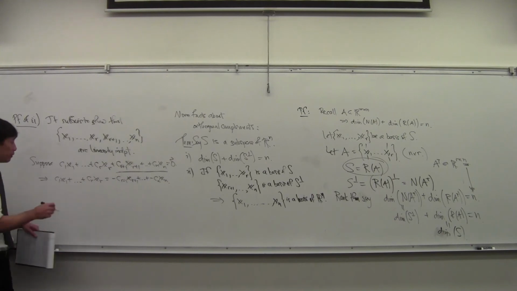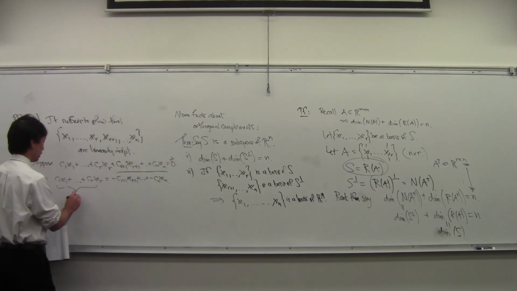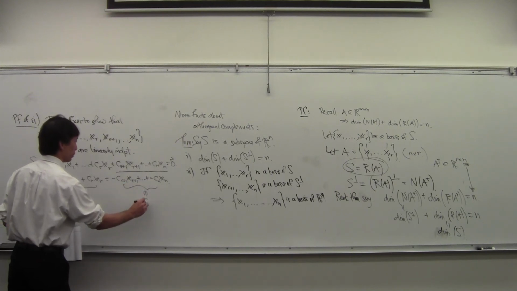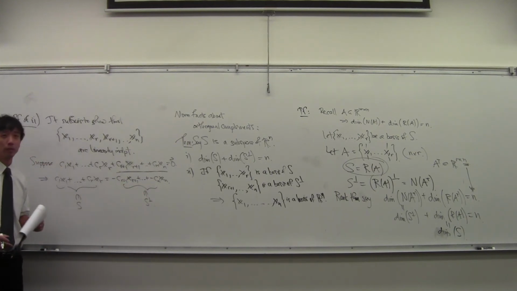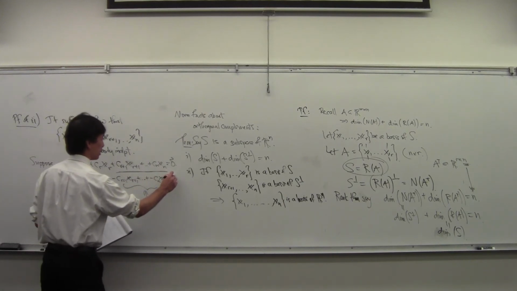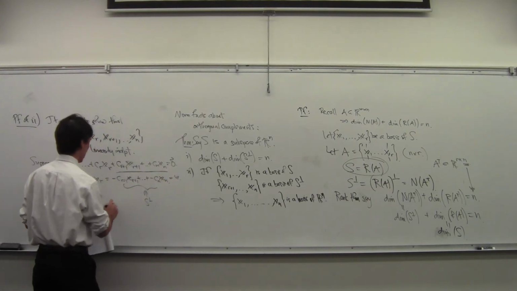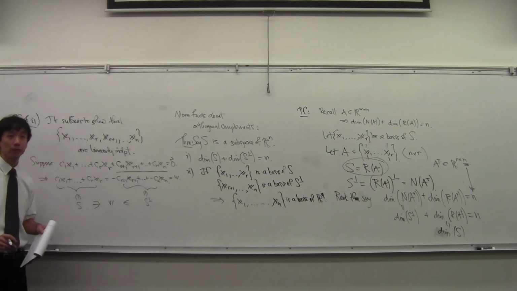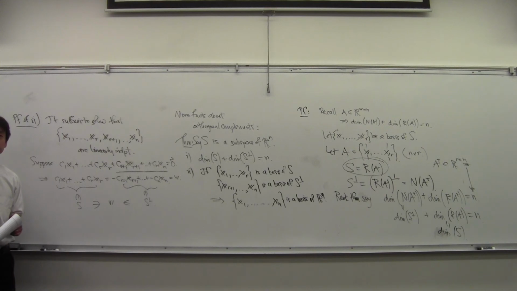Okay, and we say, well, look, this thing here is in S, and this thing here is in S perp. So this thing, we call it v, say. Whatever it is, it lies in S perp, but it also lies in S. If it lies in S and S perp simultaneously, it must be 0.